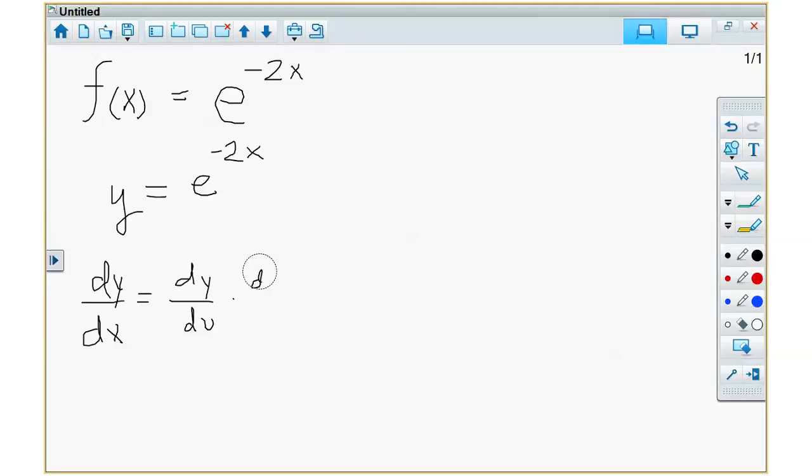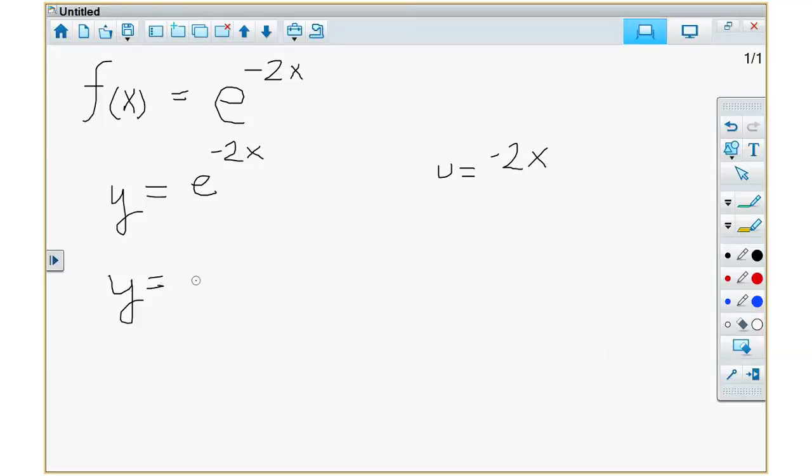Take the derivative of e to the u. Make this equal to u. It's called substitution. So I say u is equal to negative 2x. So now we have y is equal to e to the what? U.